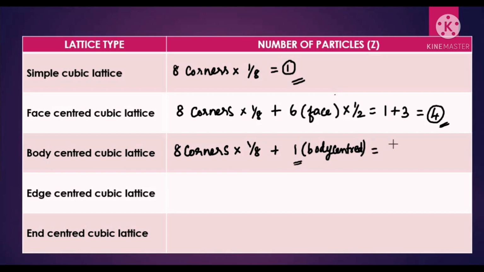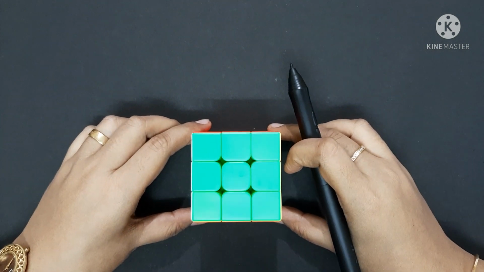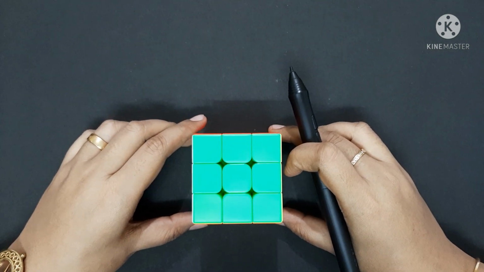So totally how many particles? 1 plus 1, that's equal to 2 for body centered. So the total number of particles Z will be 2 for the body centered cubic lattice. Understood, students? Next we shall see how to calculate in edge centered cubic cell.